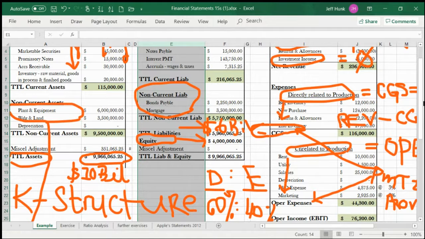I mean, there's a huge thing that depreciation does in terms of tax savings, reducing taxes. Okay, so we'll talk about that later.